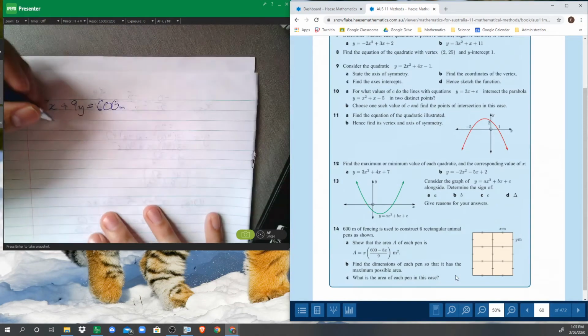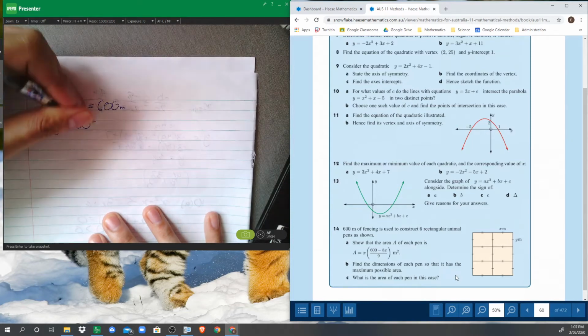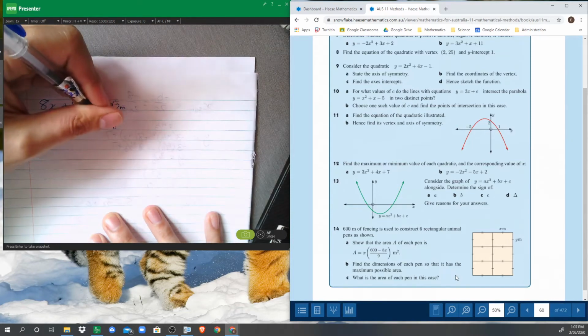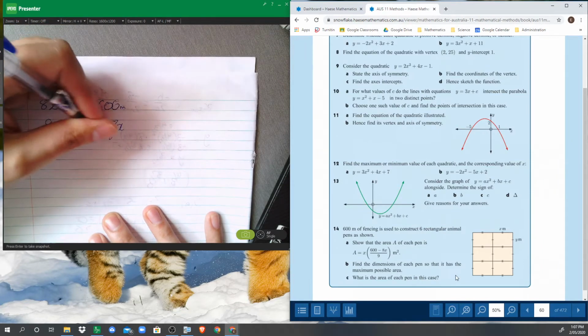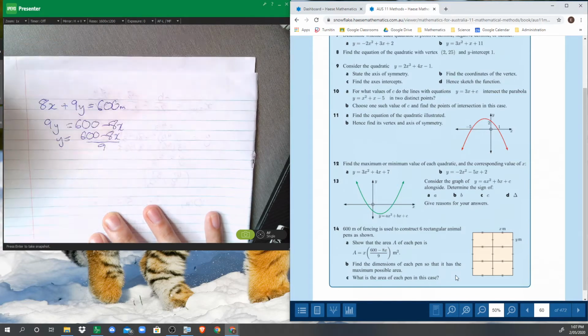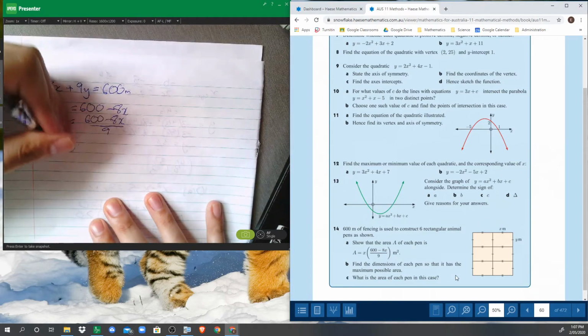So now I can write, okay, I can write y in terms of x. If I was to move that across, 9y equals 600 minus 8x. Divide by 9. Okay, area equals x times y.